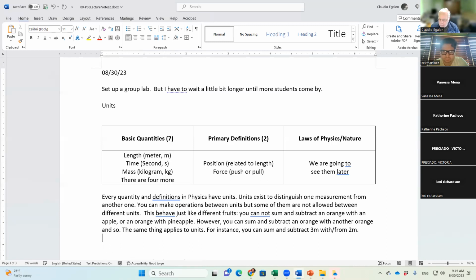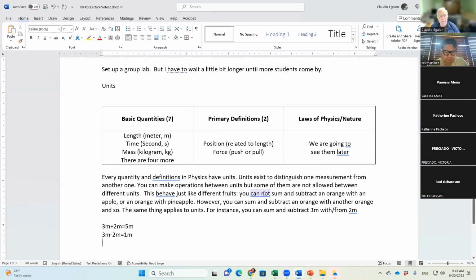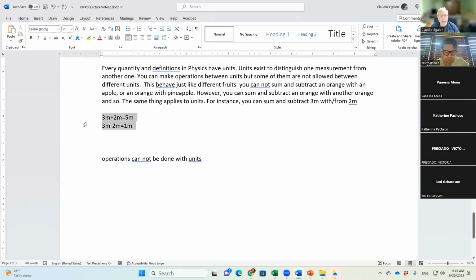If you're summing 3 meters plus 2 meters, you get 5 meters. Similarly, if you subtract 2 meters from 3 meters, you are going to get 1 meter. So operation with units is just like regular algebra.